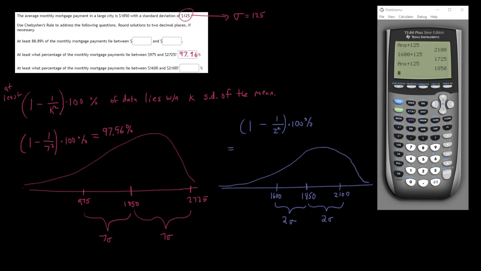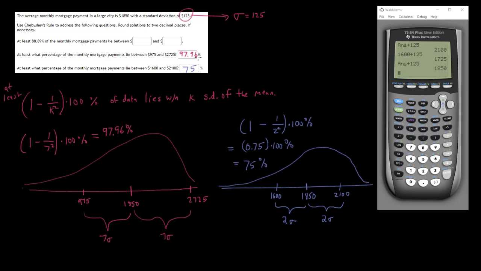Well, let's see, we can actually do this in our head. 2 squared is 4, so 1 minus 1/4 is 3/4. 3/4 is 0.75 in decimal form times 100%. So no rounding required there, 75%.